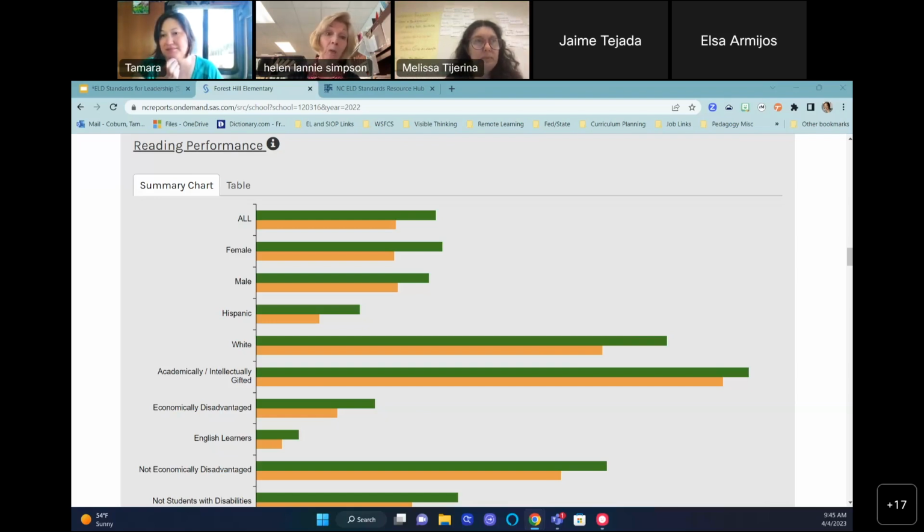And how can we, as a group, corporately come together and work toward leveraging tools to help those kids meet those target goals? It's something that we all grapple with.